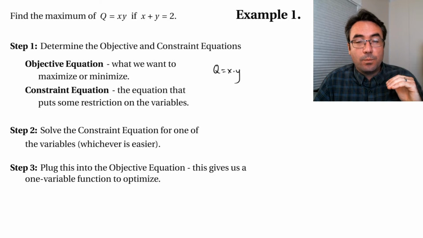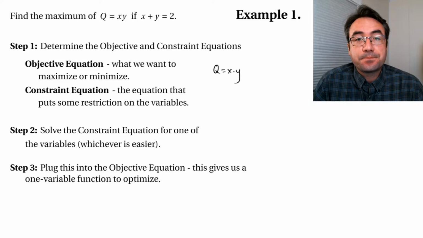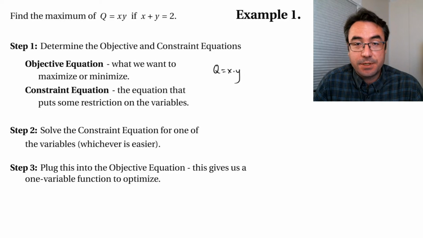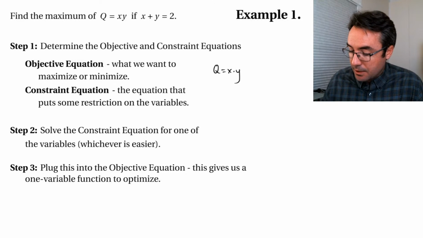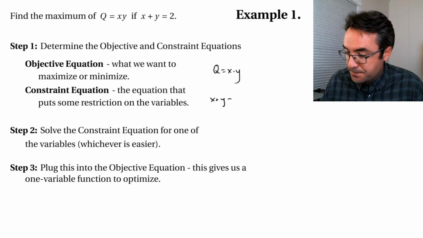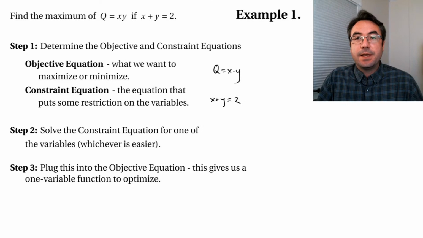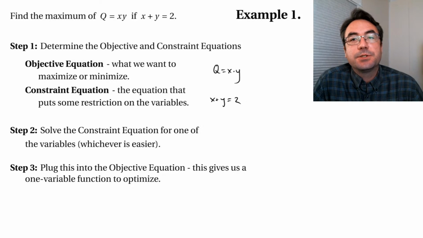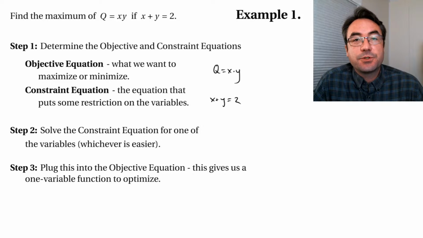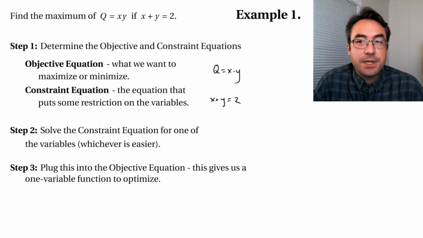We're going to use that second equation to simplify this down to a one-variable expression. That other equation, x plus y equal to 2, is going to be called our constraint equation. And why do we call it the constraint equation? Well, it puts some restriction on what our variables can be.